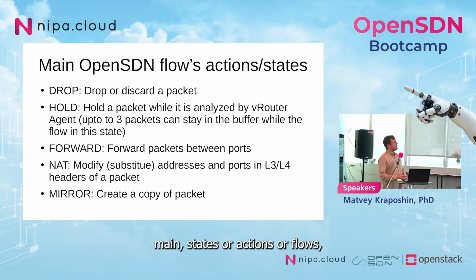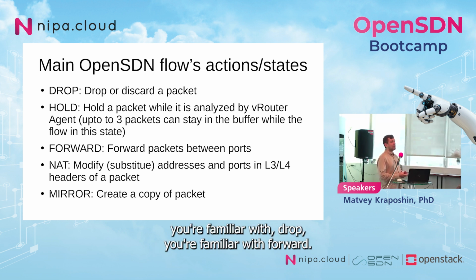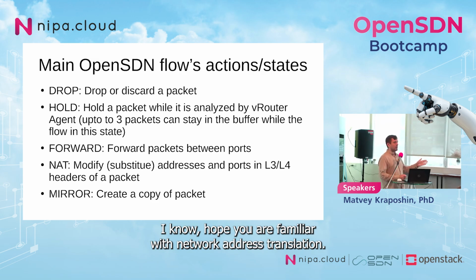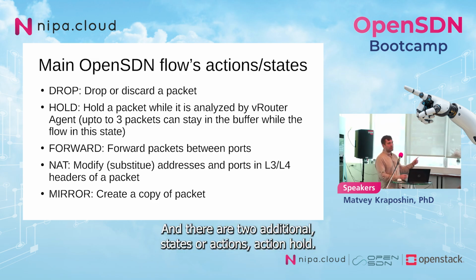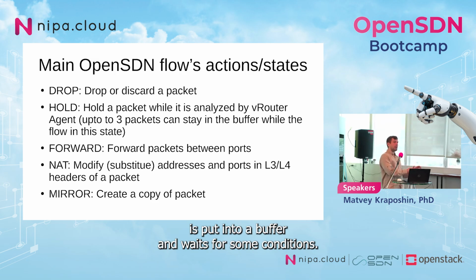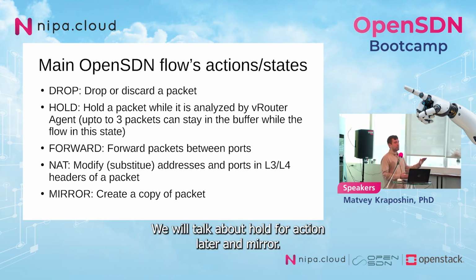Here are the main states or actions of flows. You're familiar with drop, you're familiar with forward, and I hope you're familiar with network address translation. And there are two additional states or actions. Action hold means that a packet is put into a buffer and waits for some condition. We will talk about the hold action later.